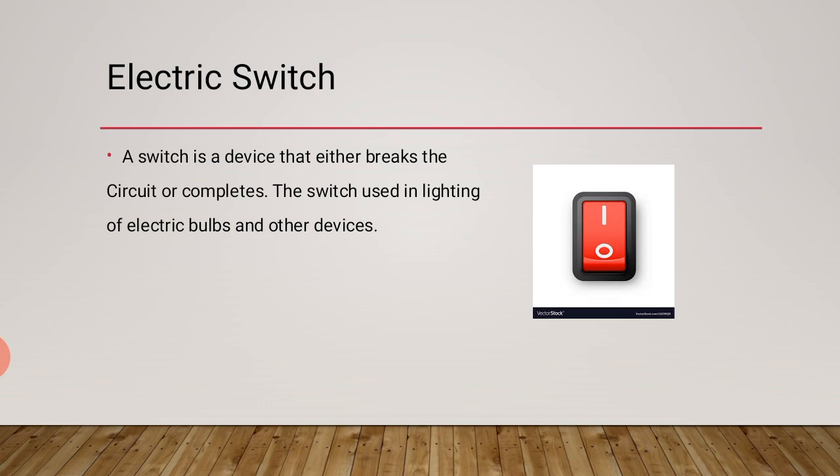So when you switch on the switch, the current flows and the electrical appliances run, right? A switch is used to turn on a light or fan, or any electrical device. Here I have shown the diagram for the switch. Next slide.